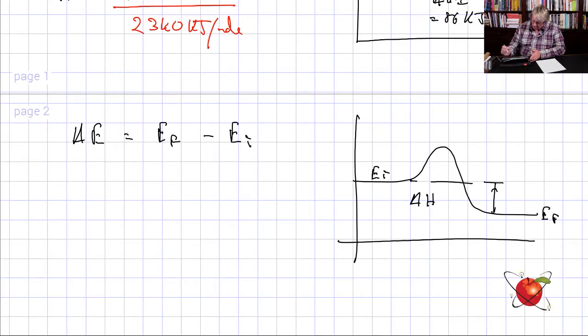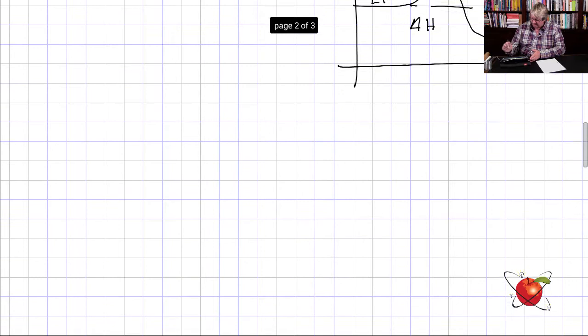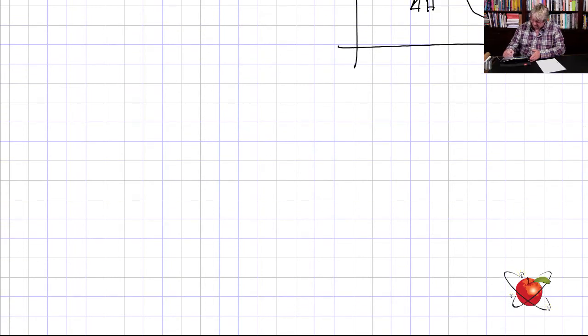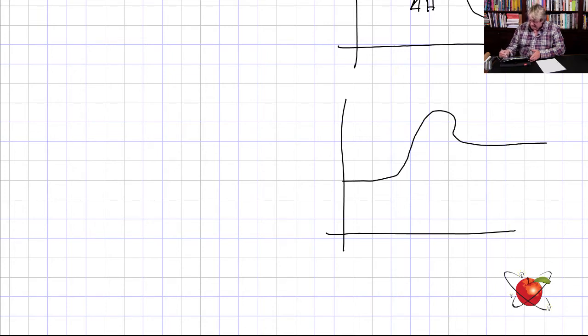All right? On the endothermic, let me just draw it again. On the endothermic side, we've got E final, E initial. E final is bigger, so we get delta H is positive, okay? Let's just go back down on this one.